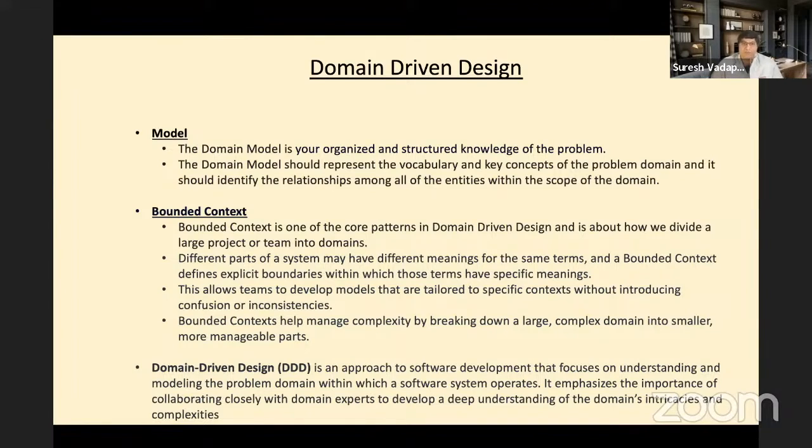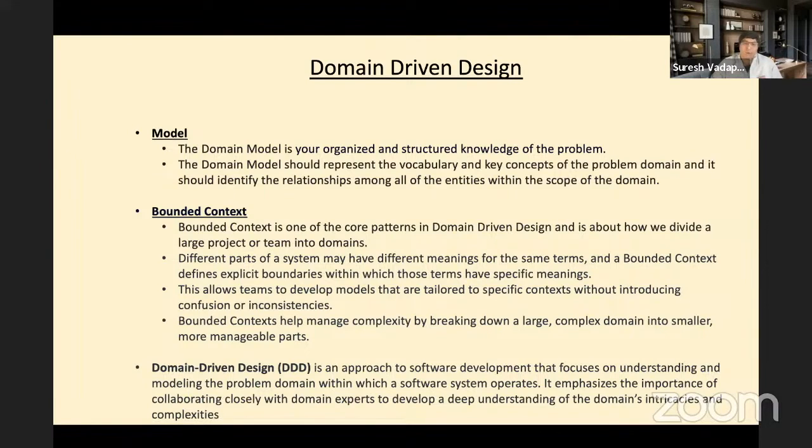Bounded context is just breaking down the whole thing, identifying the domain and what is my context. For example, customers in an online shopping, customers placing orders, products. These are different building blocks, and these are your boundaries. It's a logical boundary for you to build microservices.